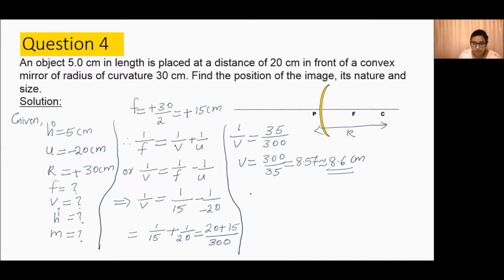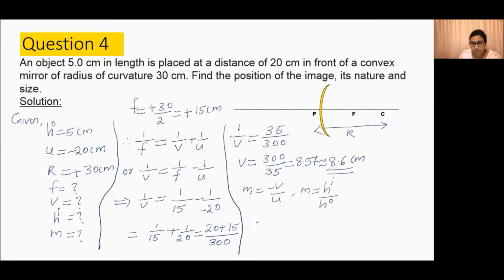Now we have magnification that is related to image distance and the object distance. Also we have magnification connecting the height of the image to the height of the object.